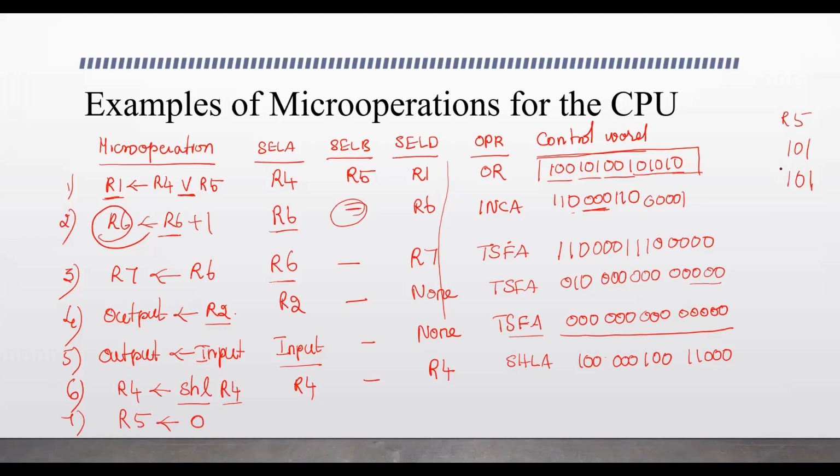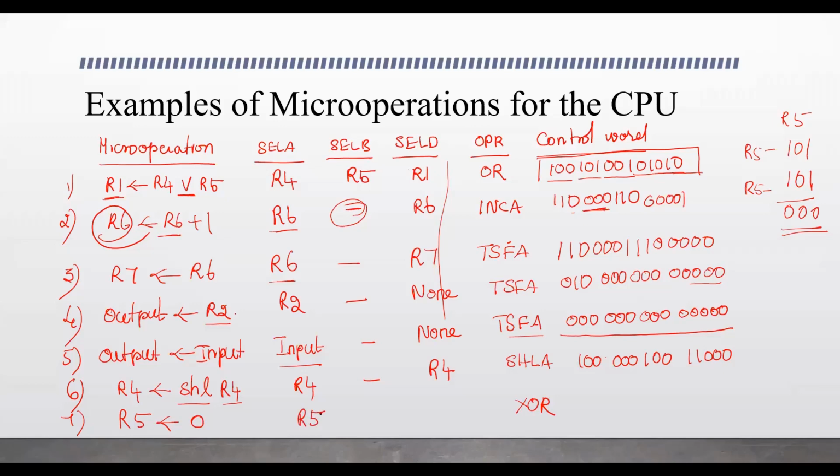Take the content again. This is R5, and again this is R5, perform XOR, exclusive OR. So 1 and 1, when the bits are same, it gives 0. So you will have all zeros in the register. So the operation performed here would be exclusive OR on R5.